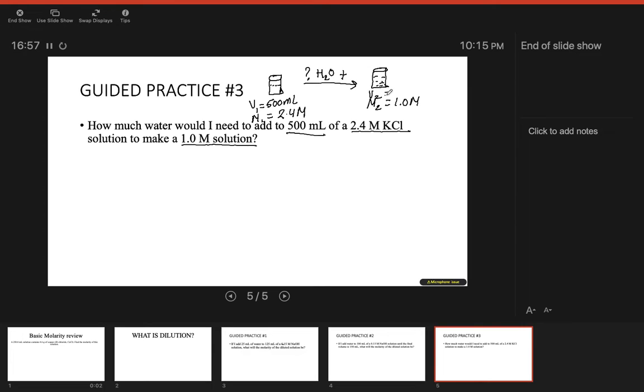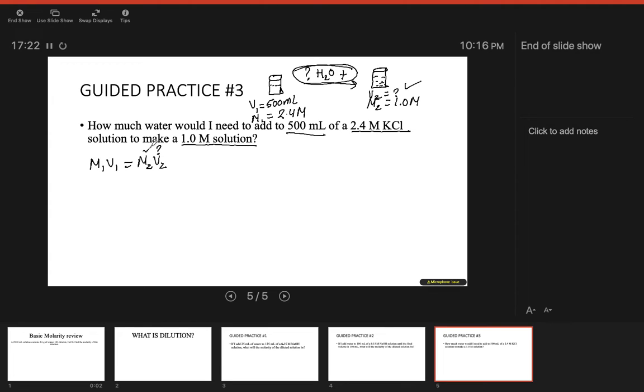Plus we don't know V2. To get to the final answer here, I need to first figure out what my V2 will look like. So here, M1V1 equals M2V2. Earlier we had to find M2. Now here it's asking us to find V2.